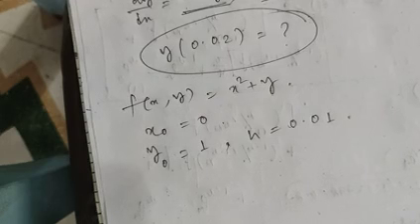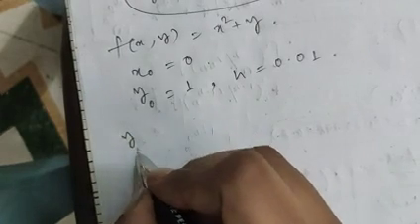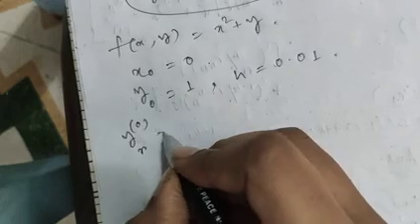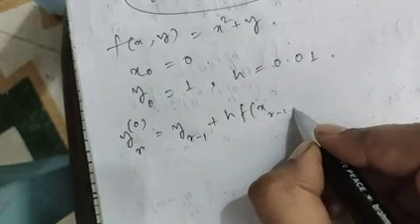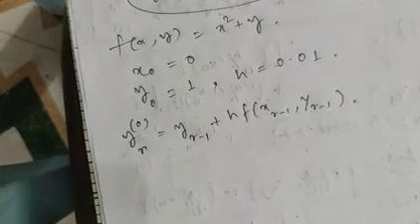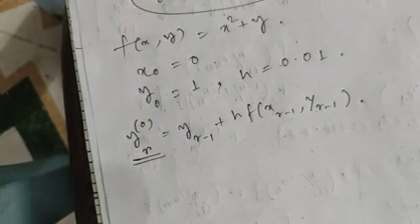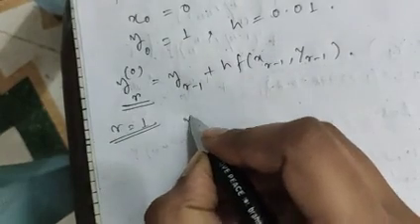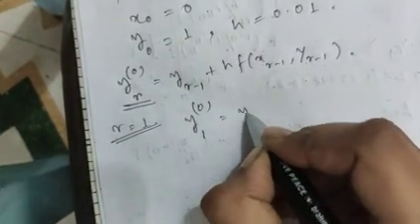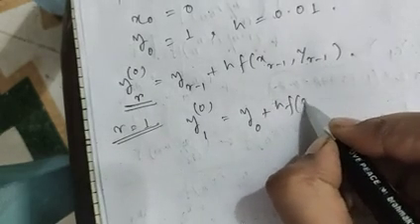Now at first we need to get the initial value. So for the initial value the rule is y_r^(0) equals y_(r-1) plus h f(x_(r-1), y_(r-1)). That was to get the initial approximation. After getting this, we will apply the actual rule of Euler's modified method. So here taking r equals 1, obviously at the initial step, that is y_1^(0) equals y0 plus h f(x0, y0).